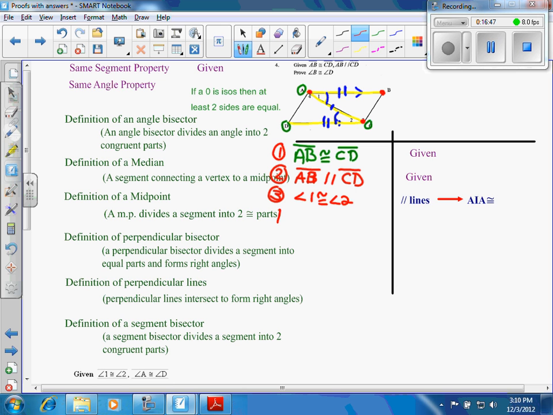Okay, so for 4, Luke, what would you do next? We're getting there. We have 2 congruence things. AC is congruent to AC, and that's the same segment or reflexive property. Keep going, Luke. What's next? Triangle ABC equals triangle CBA.